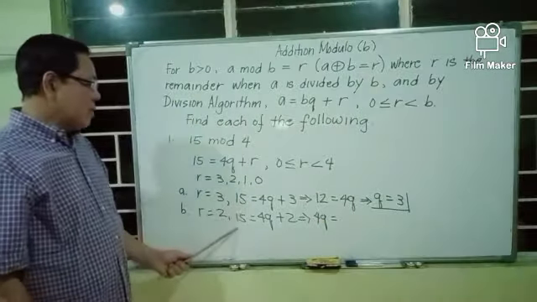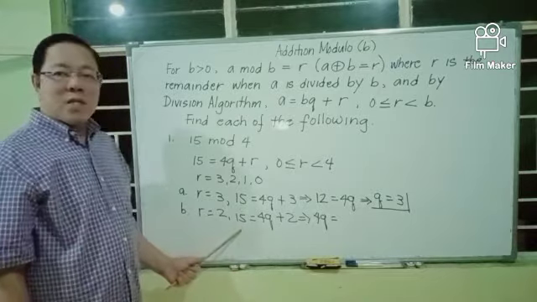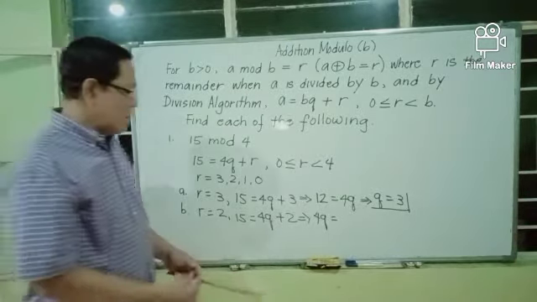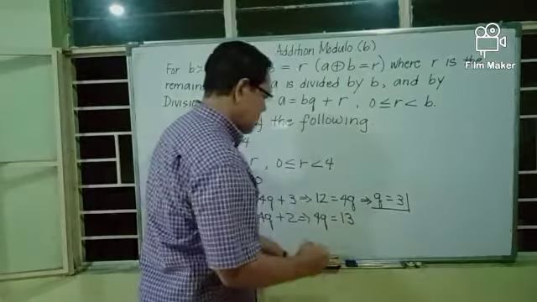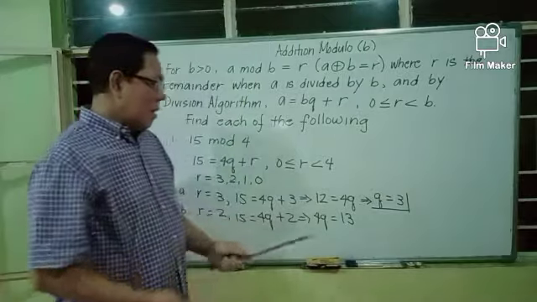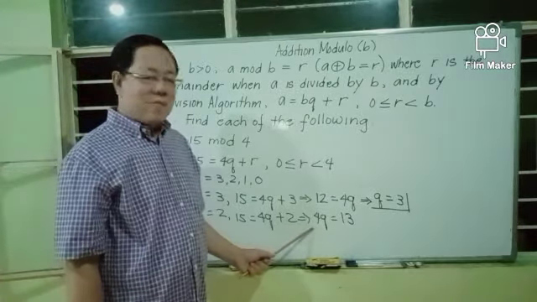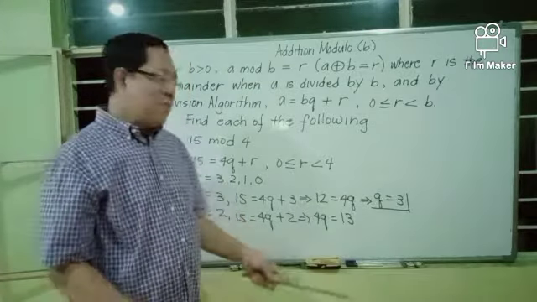At the left-hand side, we have 15 minus 2, which is 13. And from this equation, we solve for q by dividing both sides by 4. q is equal to 13 over 4.